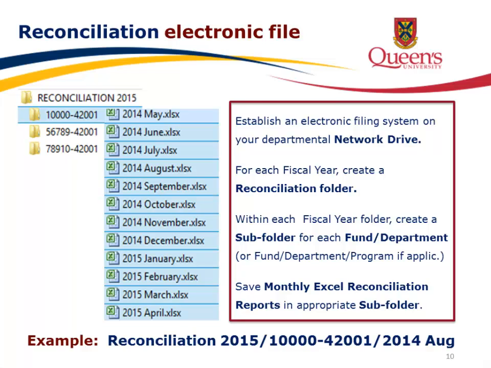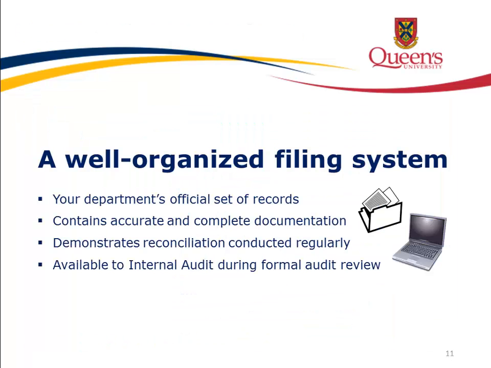For example, when saving the Fund 10,000 Department 42001 August 2014 monthly reconciliation report, since this period falls within fiscal 2015, your file name might read Reconciliation 2015/10001/2014 August.